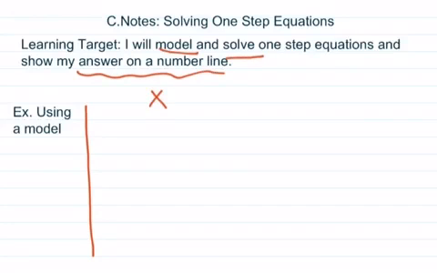Okay, so first one, example. We are going to use the same example throughout the lesson, but the first one we're going to solve using a model. So we have x plus 3 equals 5. If you guys remember from last year, this should be a review.